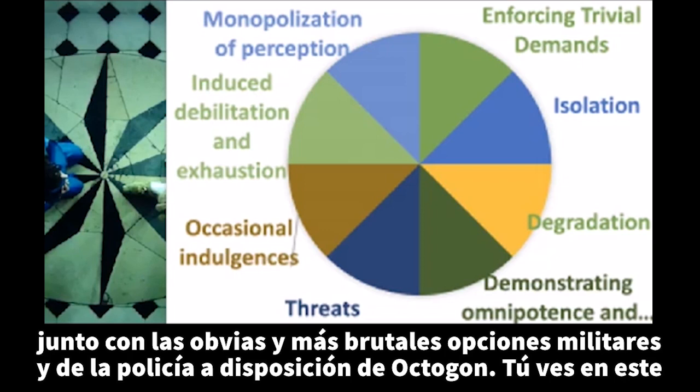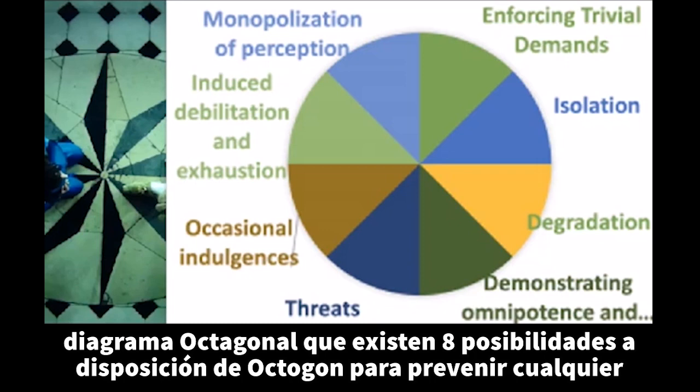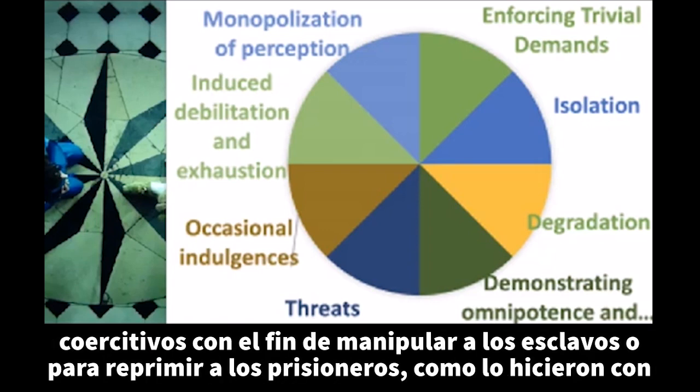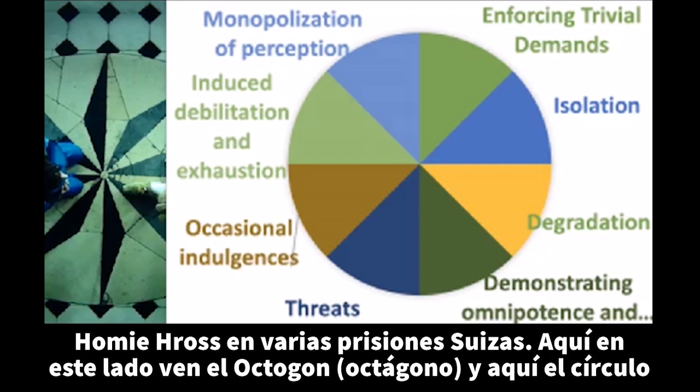You see, in this octagonal chart, there are 8 possibilities at the octagon's disposal to prevent any potential threats by the people's square to the inner circle compass of the masters, for coercive means in order to mold the slaves or to keep down the prisoners, as they did to Hross in several Swiss prisons.